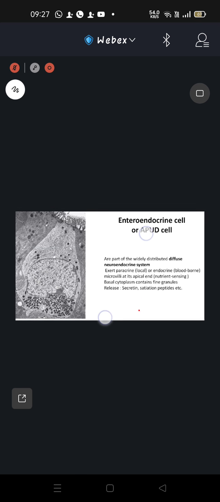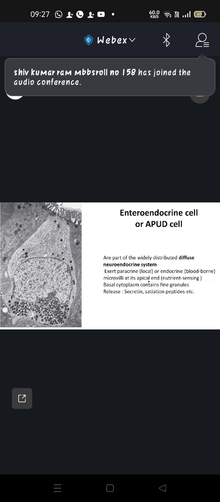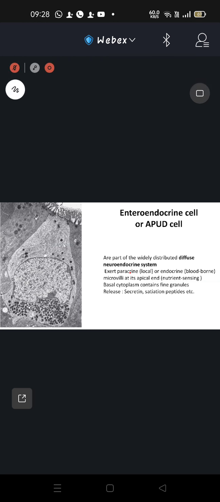So they not only affect the secretion of the local enzymes, but they also modulate the GIT motility, gastrointestinal motility, and working through the satiety center, they provide the information of satiety, a satisfaction: no longer do you need food.